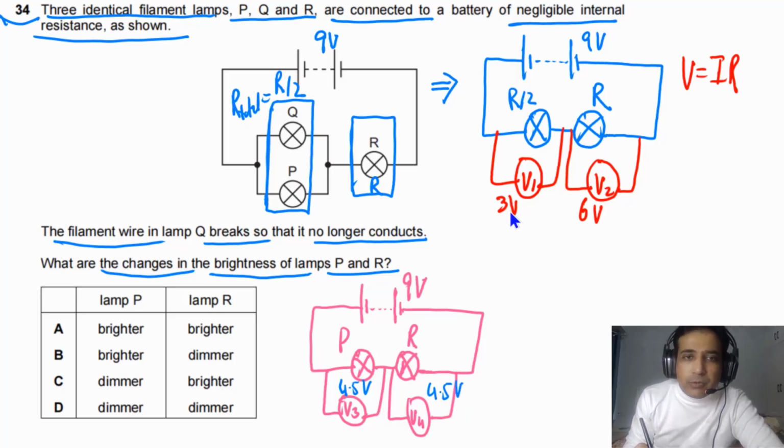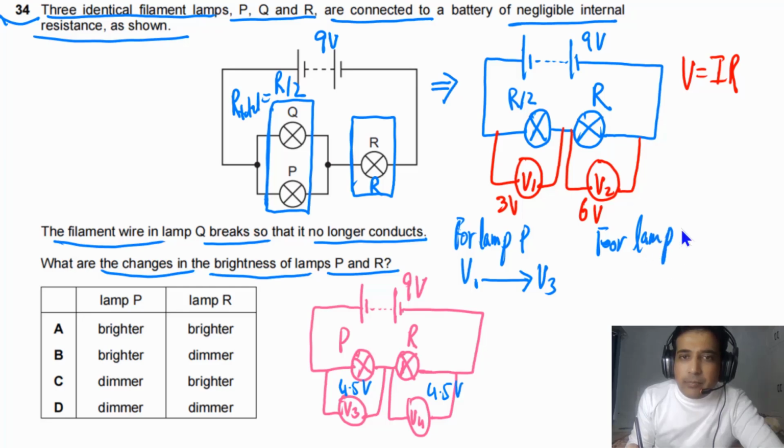So for lamp P, the potential difference will change from V1 to V3, and for lamp R, the reading will change from V2 to V4.